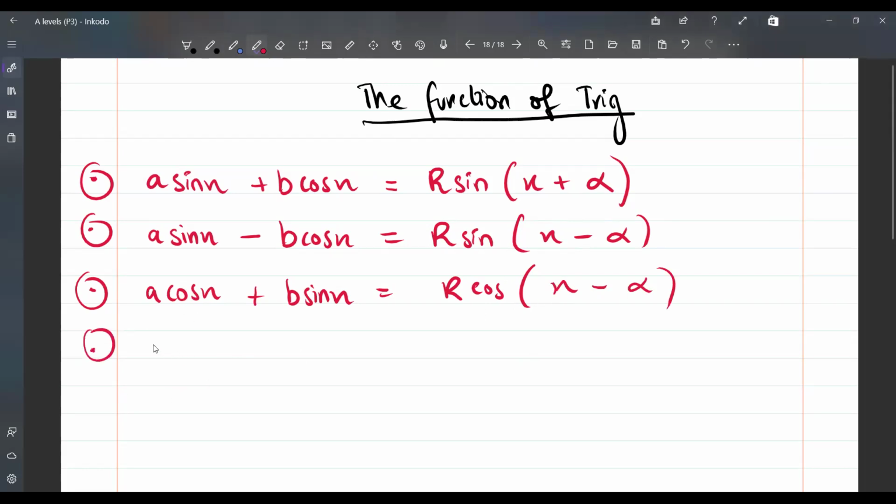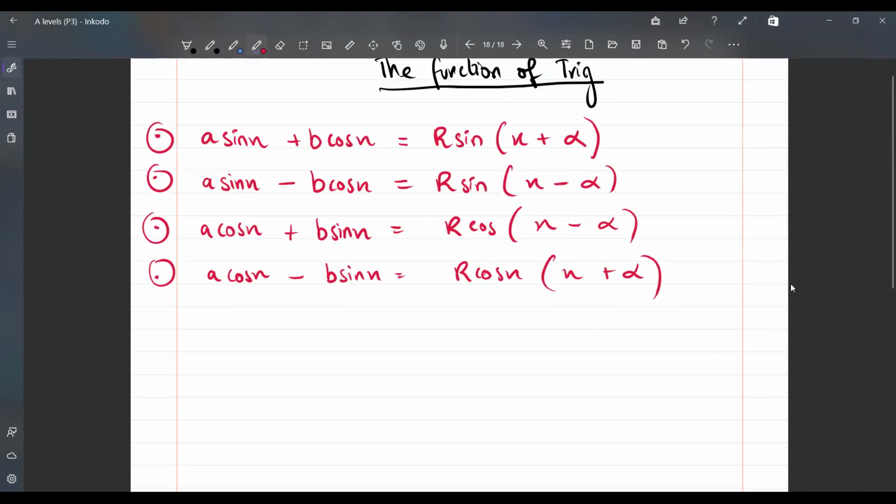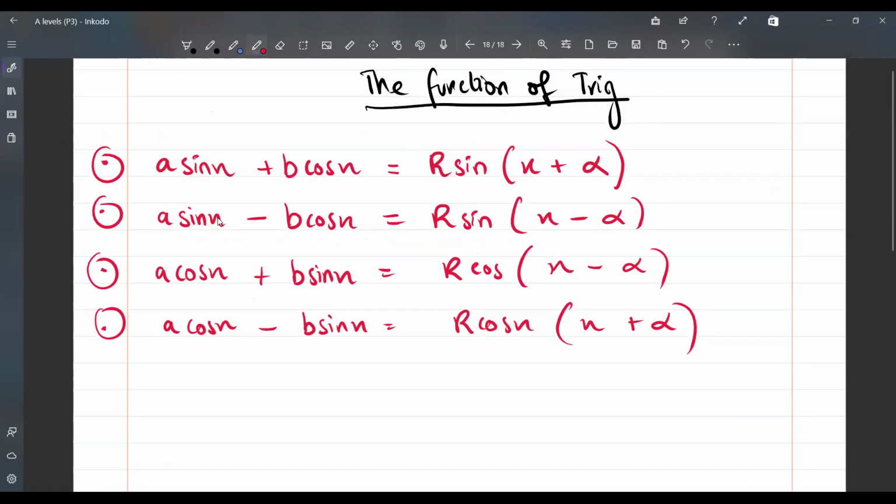And a cos x minus b sin x is r cos(x plus alpha).